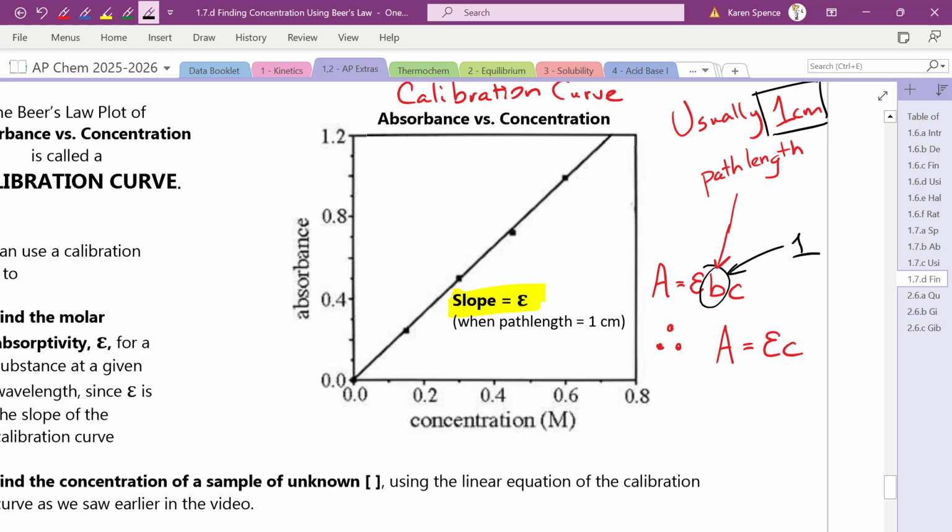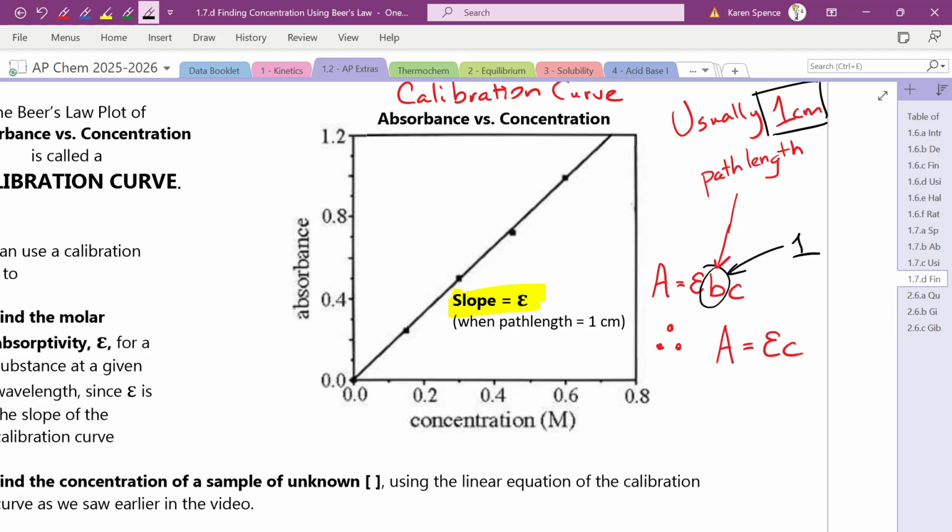Yes? It is also constant, which is why we have a straight line. Yeah, I should not have said that about the path length. It's because the path length is 1 that you can just toss it out in terms of figuring the slope. Right?